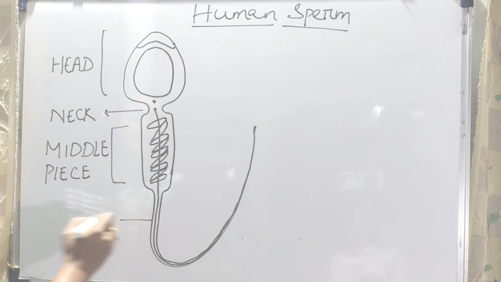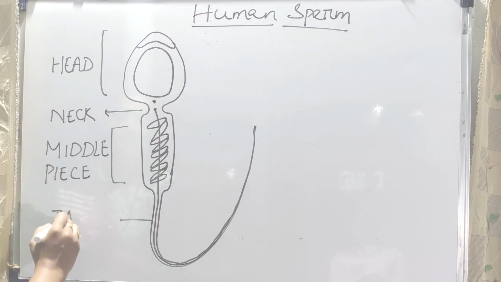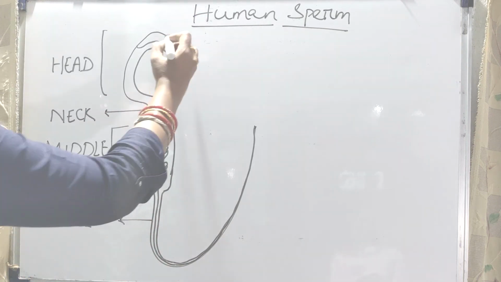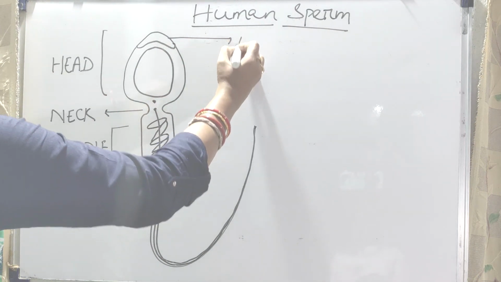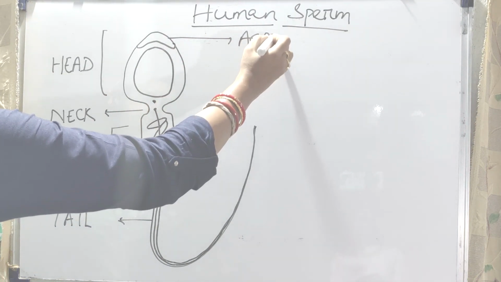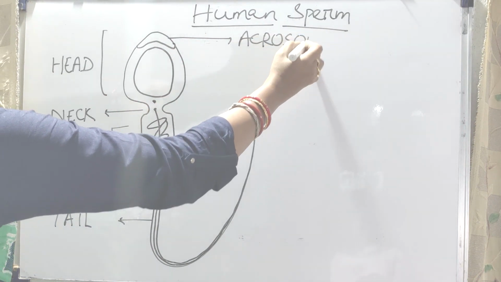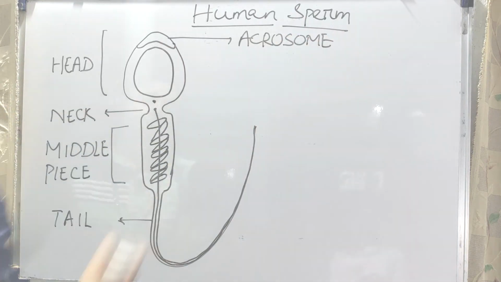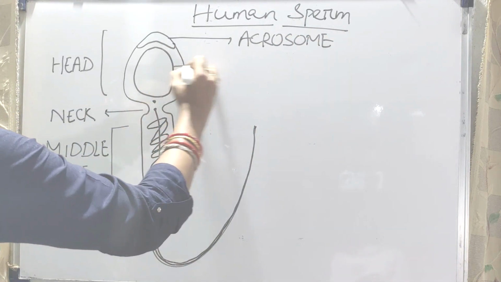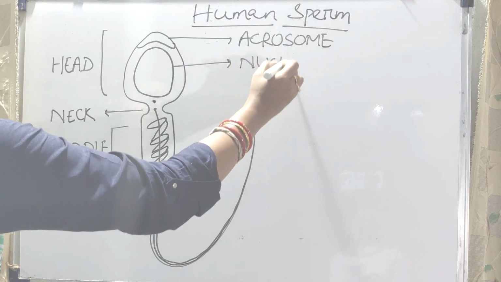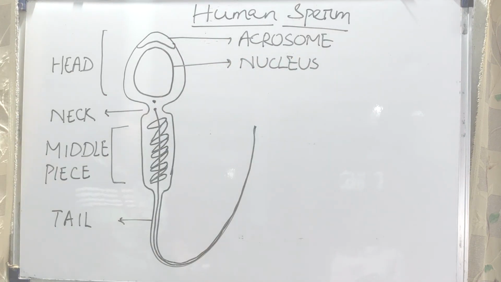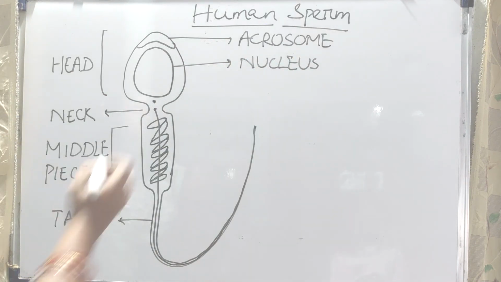And this is tail. This is acrosome. This is nucleus. This is the male pronucleus.